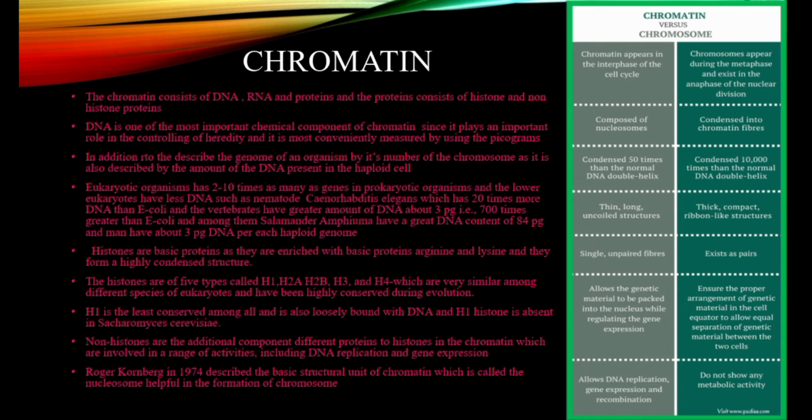The lower eukaryotes have less DNA, like nematodes, for example Caenorhabditis elegans, which has 20 times more DNA compared with Escherichia coli.